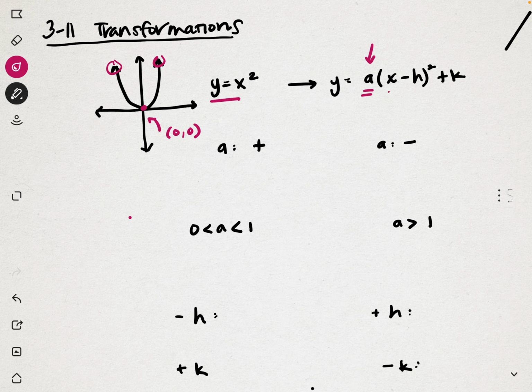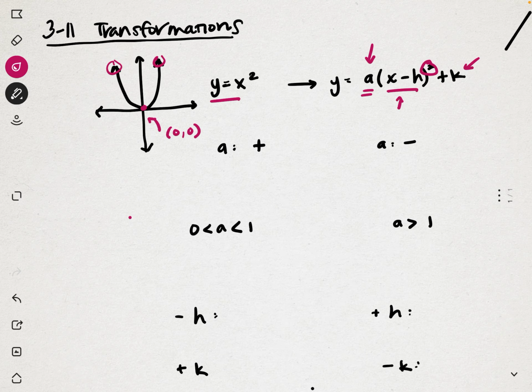Inside of the parentheses, we have the minus h, which is something else that can change our parabola. And also we have this plus k outside of the parentheses, outside of the function. We'll take a look at what that does.